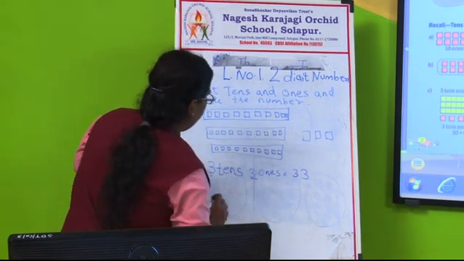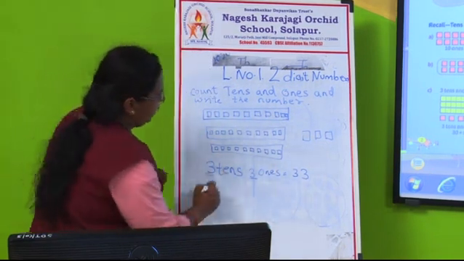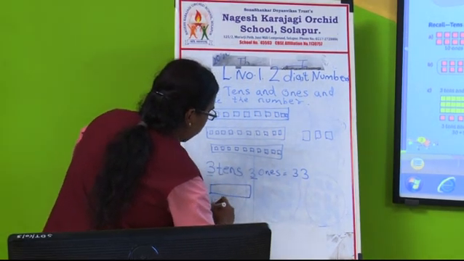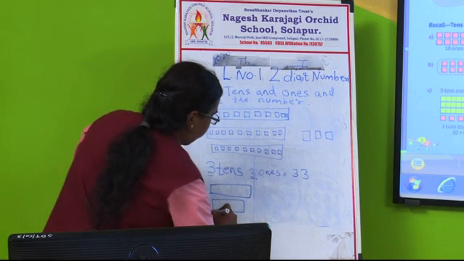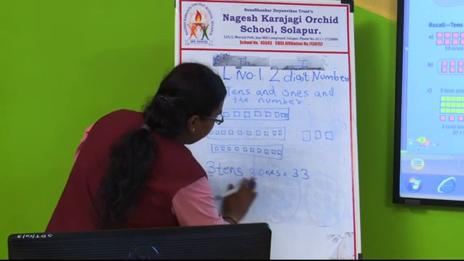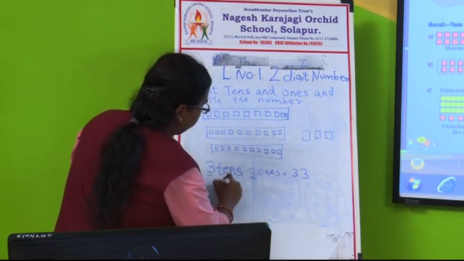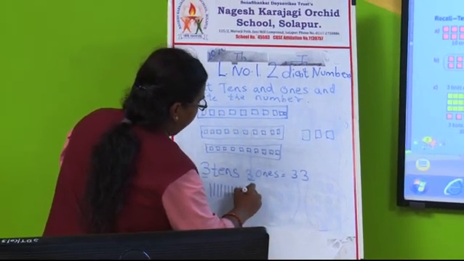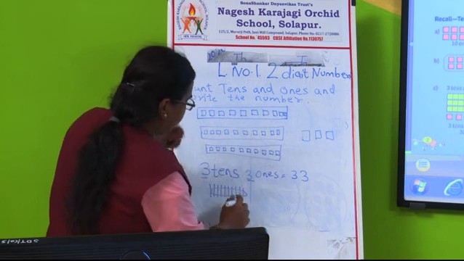Okay. Then in this way again you can do the next 4 boxes, otherwise bundles. You can say 1, 2, 3, 4, 5, 6, 7, 8, 9, 10. This is a bundle of 10 sticks.